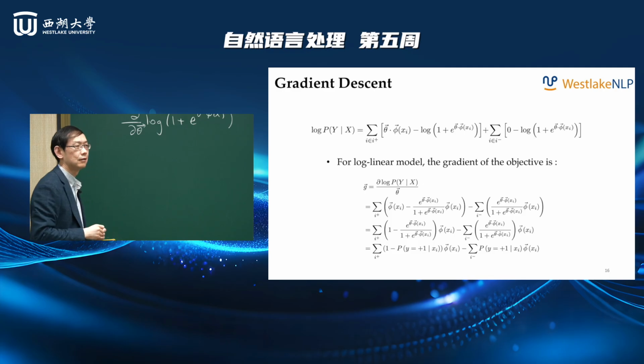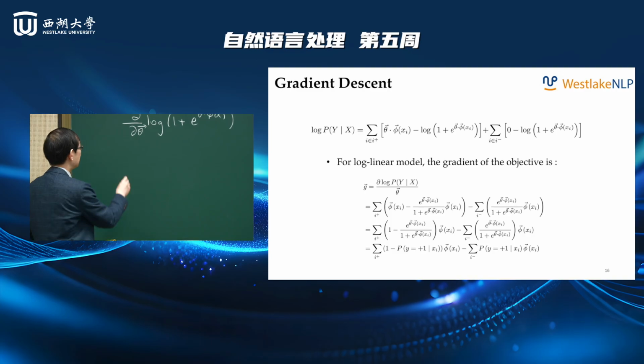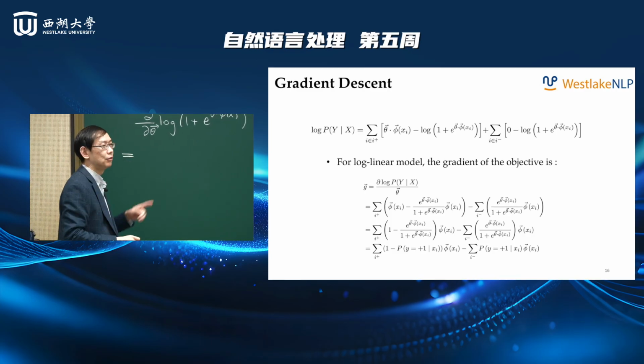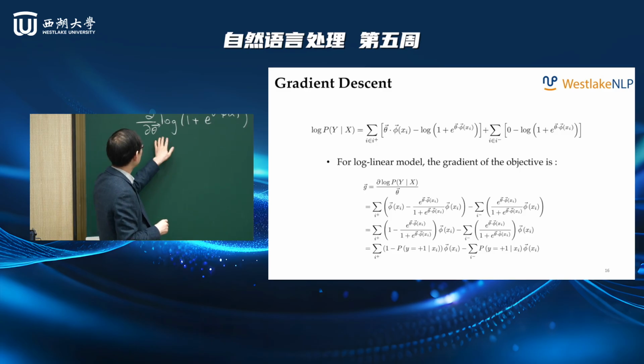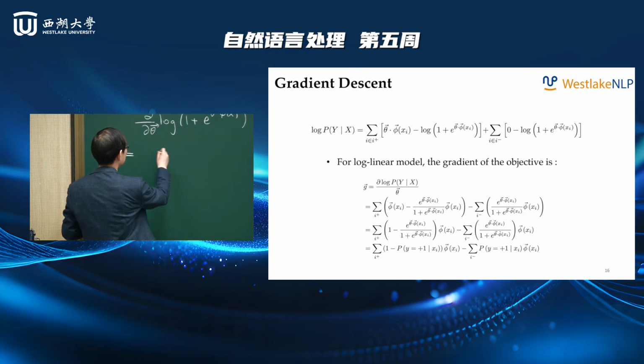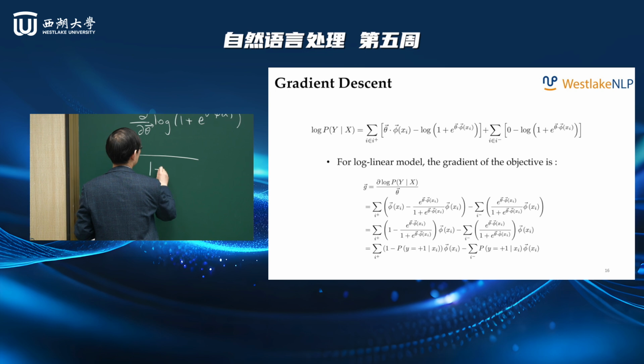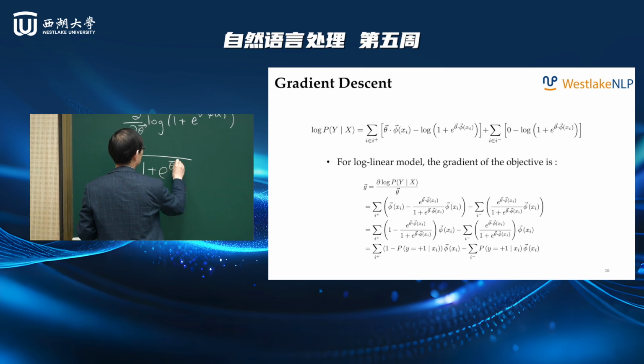How do you do that? It's the chain rule. You first take the derivative of this thing with respect to the logarithm, and that's equal to 1 over this something.